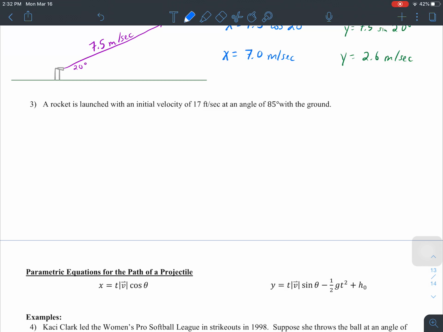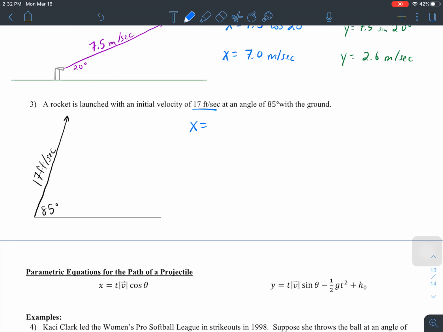In this one, we have a rocket being launched with an initial velocity of 17 feet per second and an angle of 85 degrees with the ground. I'm not even going to bother to draw a rocket, but here is my ground, and the rocket is being shot off at an angle of 85 degrees with the ground at 17 feet per second as the initial velocity. The setup is exactly the same.